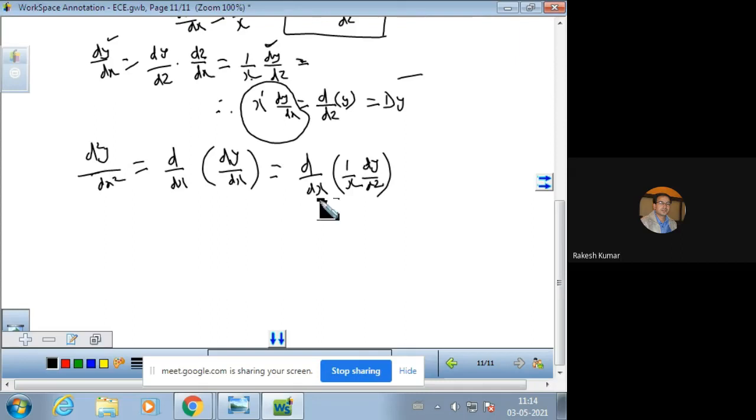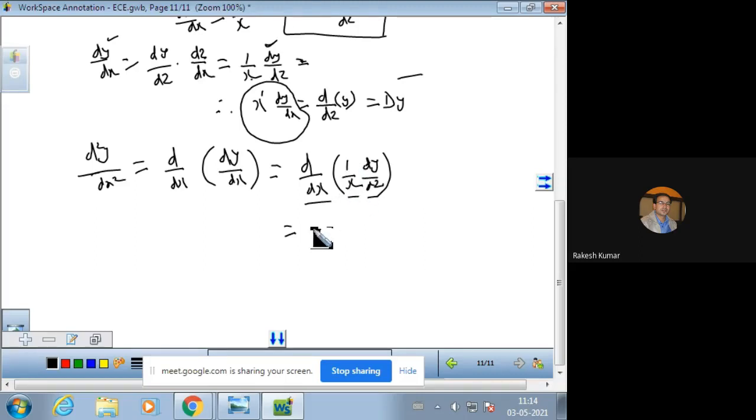Now just see d by dx of this term into this term. It means you have to apply the u into v formula. In the first term, we have the first order derivative of 1 by x, derivative of u.